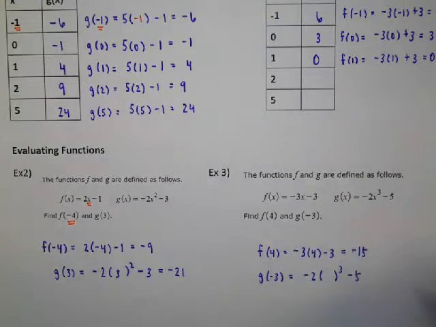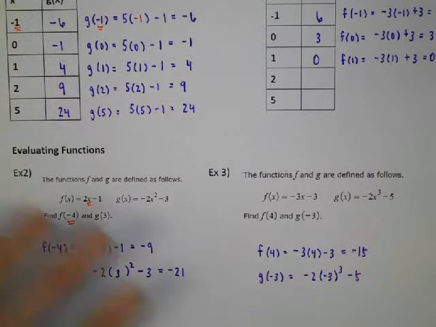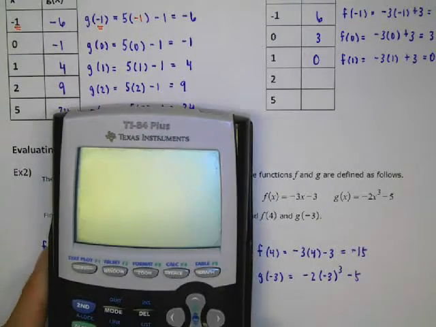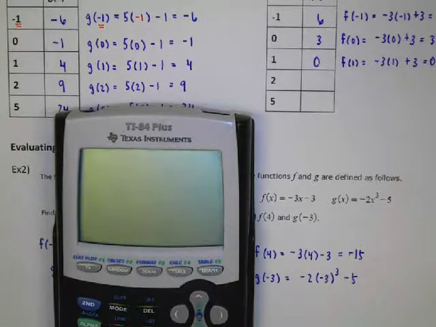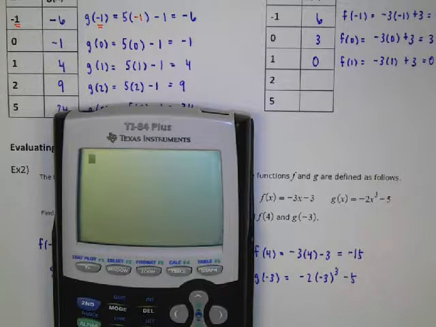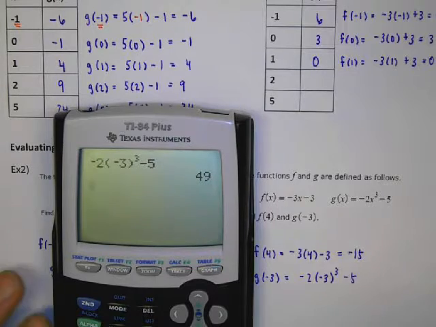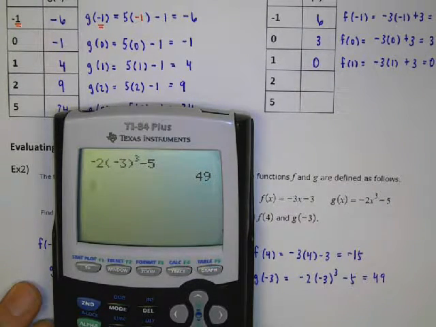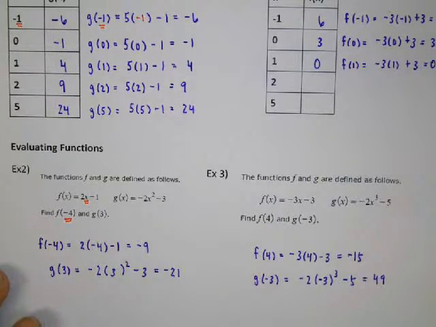Then I subtract 5. I'm plugging in a negative 3 here. And again, be careful when you enter this that you're using parentheses appropriately. So I should have negative 2, parentheses negative 3, that's cubed. And then I have minus 5. And so that should give me a positive 49 for that function value.